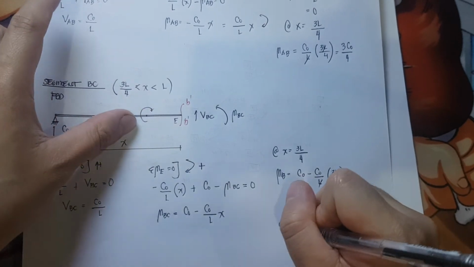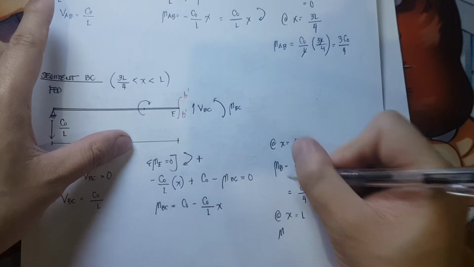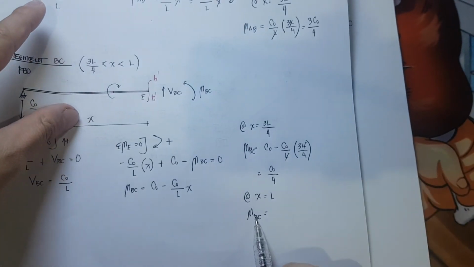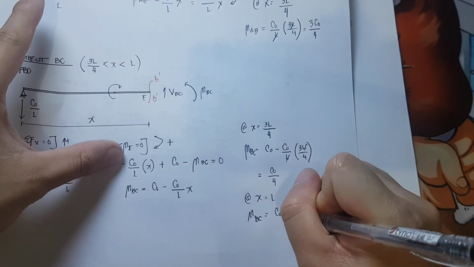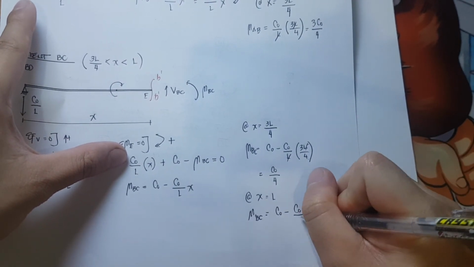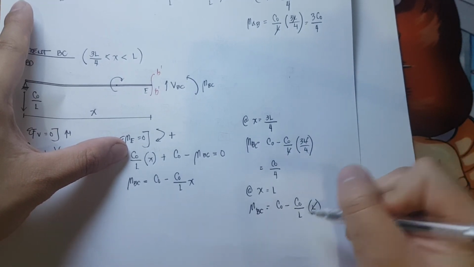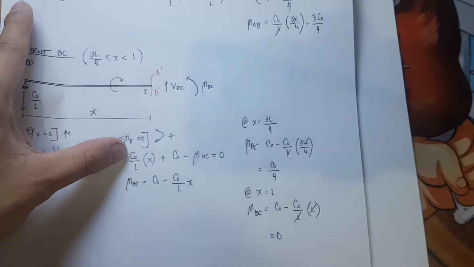Okay, so at x is equivalent to L, MBC is equivalent to C of naught minus C of naught over L times L. L will simply cancel out. C of naught minus C of naught is equivalent to 0.